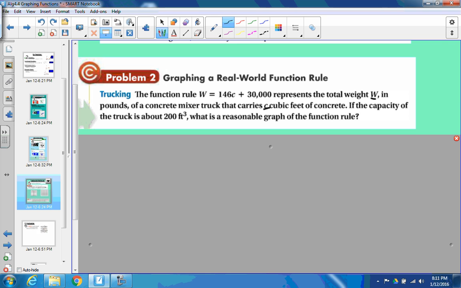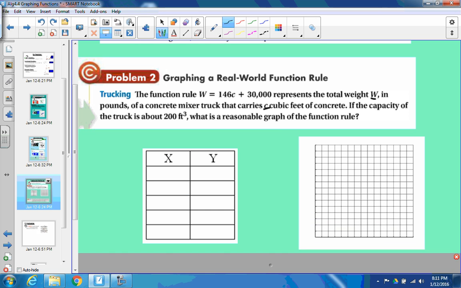If the capacity of the truck is 200 feet cubed, so that's as much as can fit in the truck, what is a reasonable graph of the function rule? So our X or our C value is that independent variable that's inside of our graph. The W is the output, so that's going to be essentially our Y when we're graphing it.